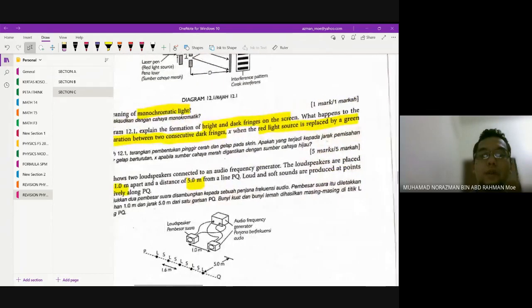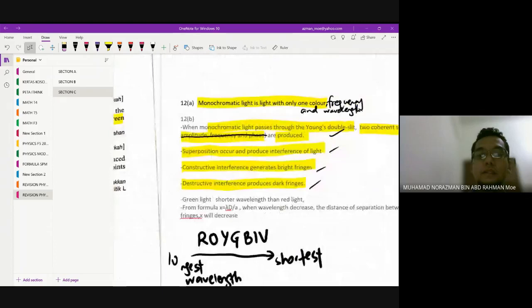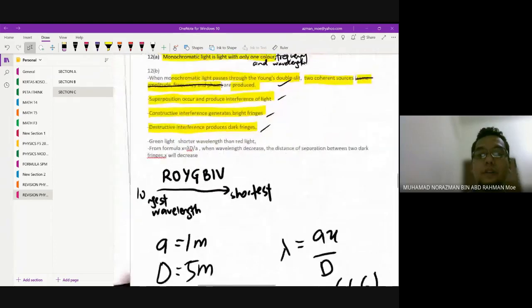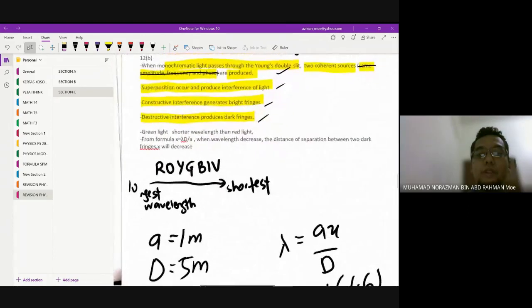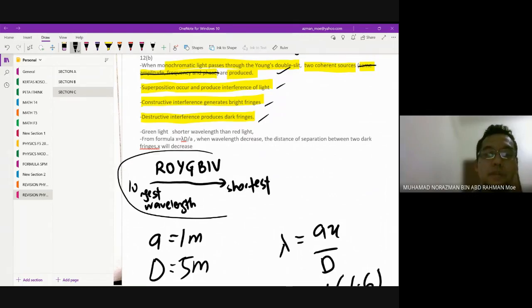Next question. What happened to the distance between two dark fringes when red light is changed to green light? So remember Roy G. Biv. What is Roy G. Biv? This is the colors red, orange, yellow, green, blue, indigo, and violet.